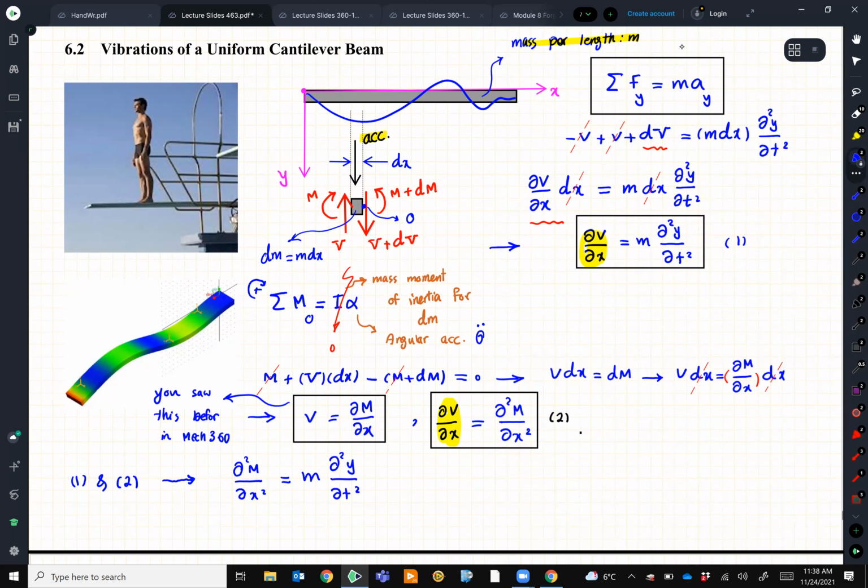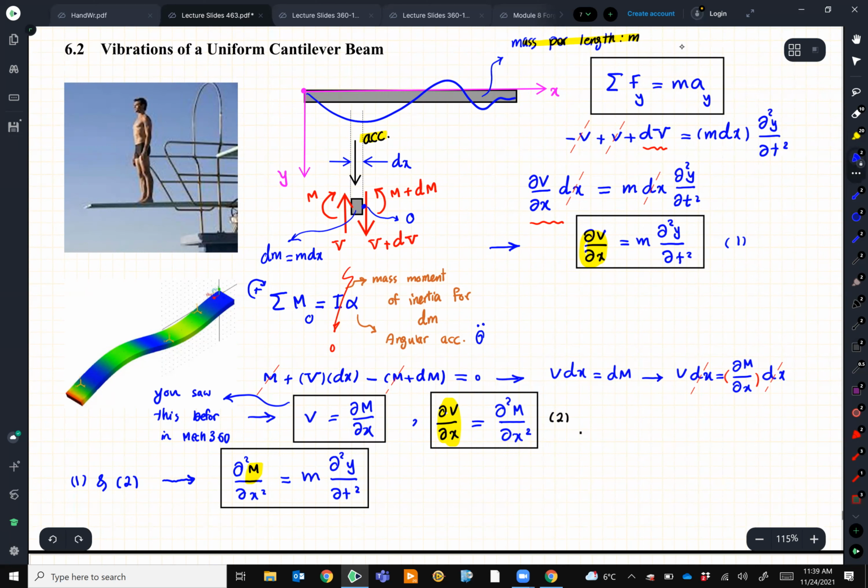So it looks better, but still not enough because we have something that we don't like, and that's M. M is something happening inside the beam. That's the bending moment, but we don't know how much it is, and we don't like to deal with that one. So we need to go back and rely on our previous knowledge in solid mechanics.